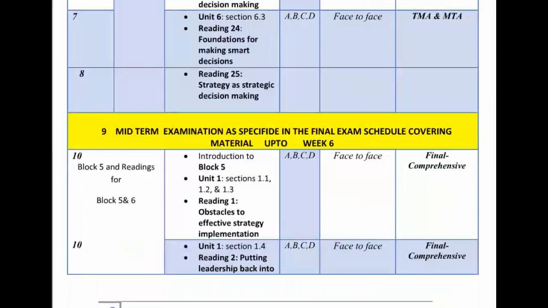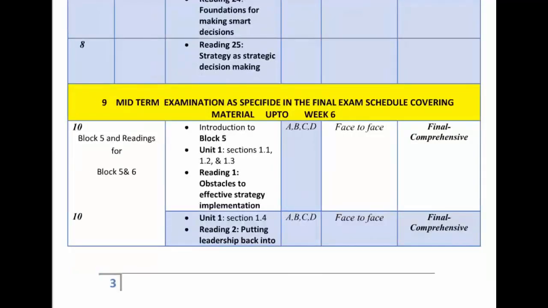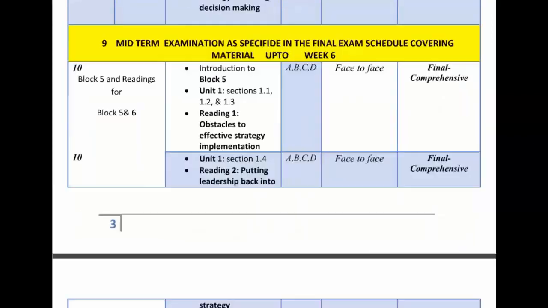And then block number 5 discusses the implementation, because you already had the toolkit, the materials that you can use to implement the strategy, and then in block 5 you will implement the strategy physically.